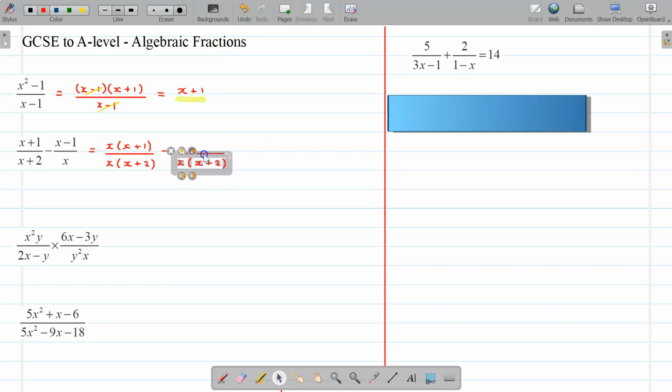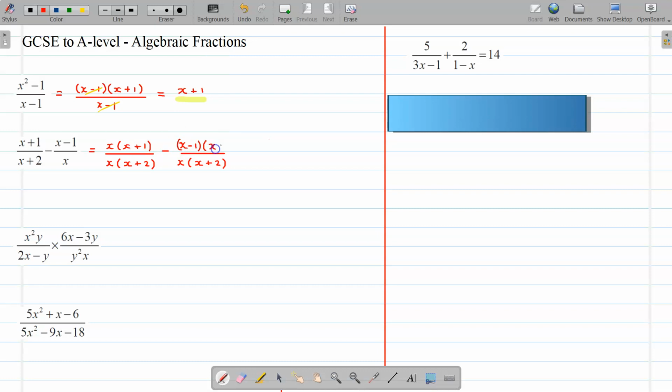That's the same denominator, and in order to make that have this denominator, I've had to multiply the x by x plus 2, so I must multiply the numerator of this by x plus 2. So this fraction becomes x minus 1 times x plus 2.